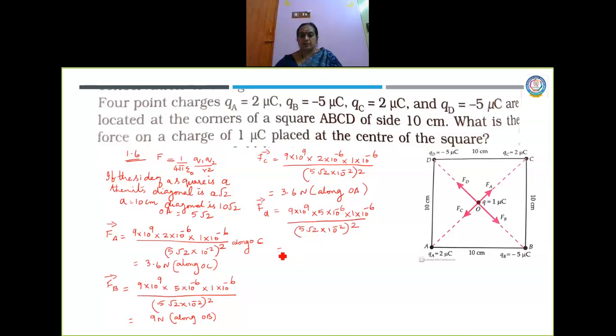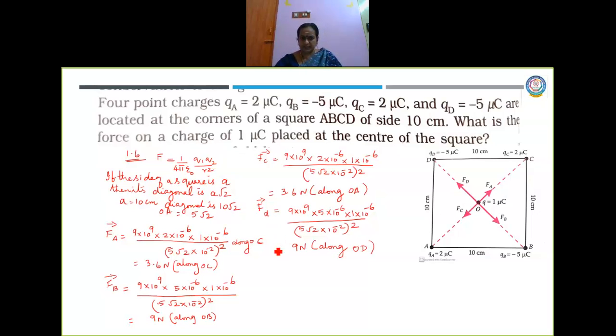So same value which we did for FB. Okay, so you will have 9 Newton, and you need to mention the direction. Again at D the charge is negative, at O the charge is positive. So what will be the direction? The direction is along OD.